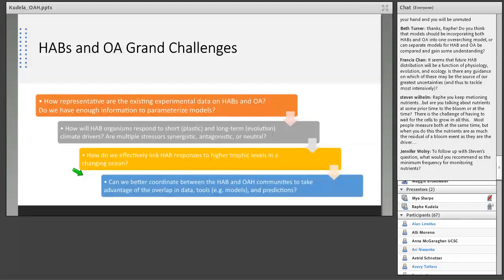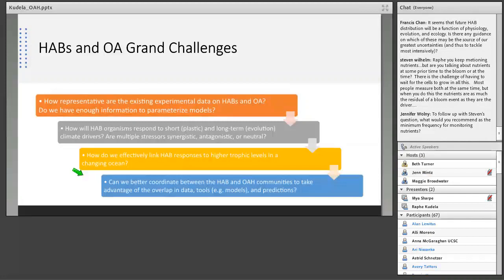And so if we have the capability to put something like a SUNA out there and get really high resolution nutrient data, then that's just more information. And if you don't have that, you don't know what you're missing. And so I would advocate that it would be fantastic if we can move to more and more automated nutrient sensors that are measuring on time scales of maybe half an hour to match something like an IFCB. But at minimum, you should be measuring nutrients every time you're measuring a HAB parameter.